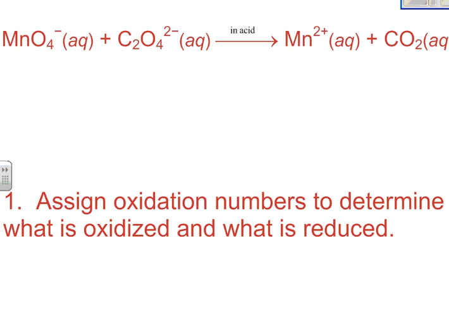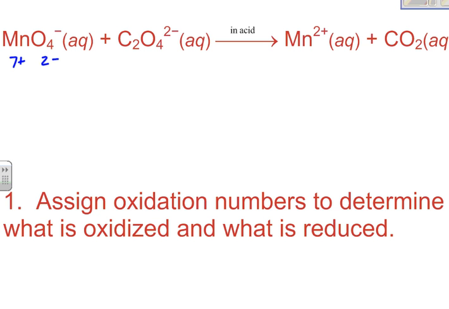Step number one, we're going to assign oxidation numbers to determine what's being oxidized and what's being reduced. So again, if we go with oxygen as a 2-, that gives us 8 minuses, but we want it overall to be -1, so the manganese here is a 7+.